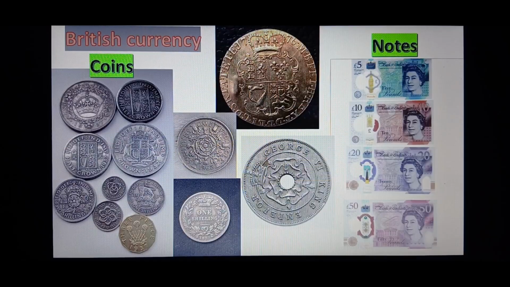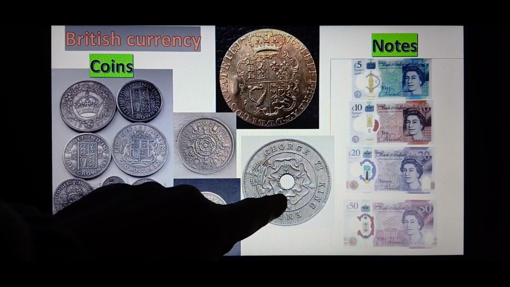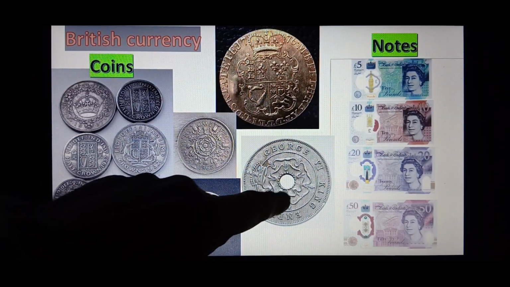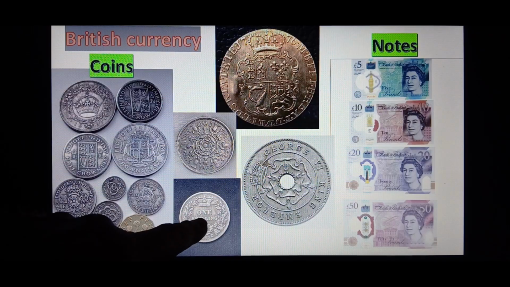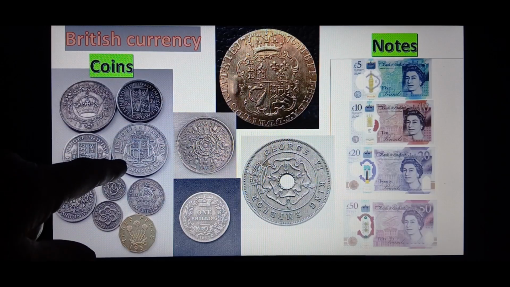So the British coins, they have some unique coins, and I'll just point out, like this coin is called a Guinea. This was an old penny that had a hole in it. This was a 1 shilling. They have a 2 shilling coin. They have a half a crown. They have a crown.